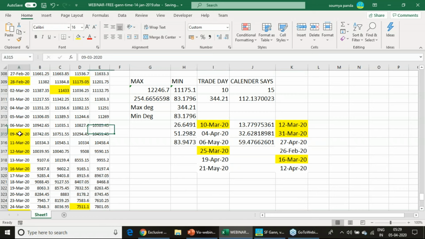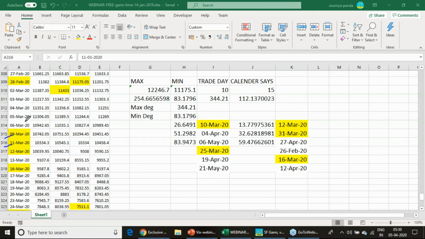In between, 9th is a trading day, 11th is a trading day, 10th is a holiday. Whenever this calculation falls on a holiday, the previous trading day and the next trading day will be important. So on 9th we can expect a trend change, or on 11th, either or.